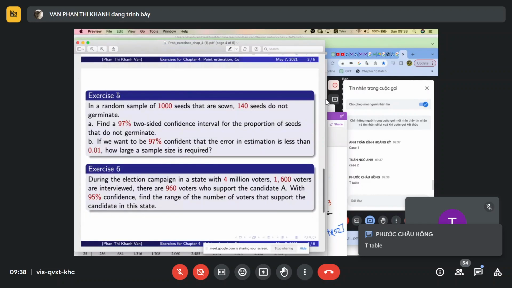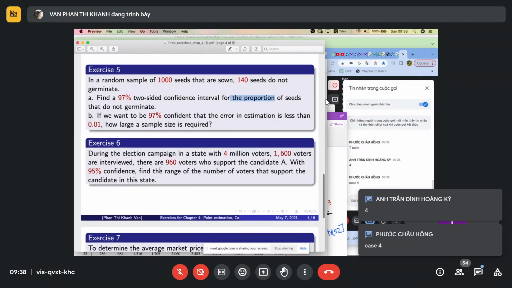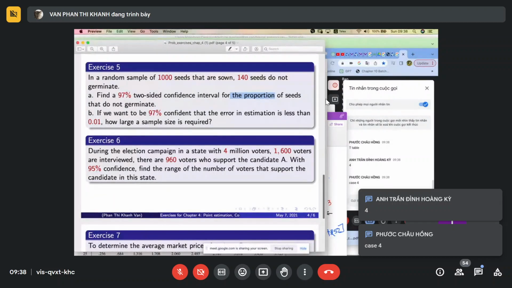Problem 5, which case here? So, proportion. When you see the proportion, it is case 4. Problem 6, which case?